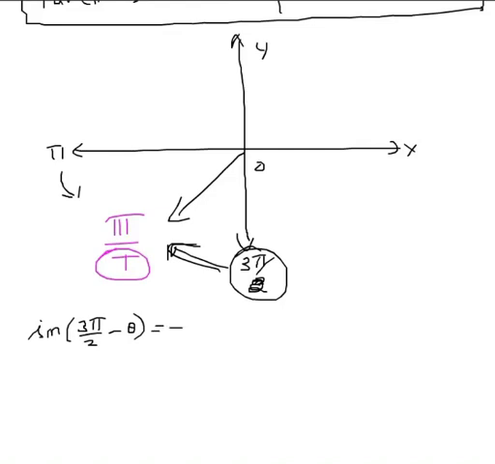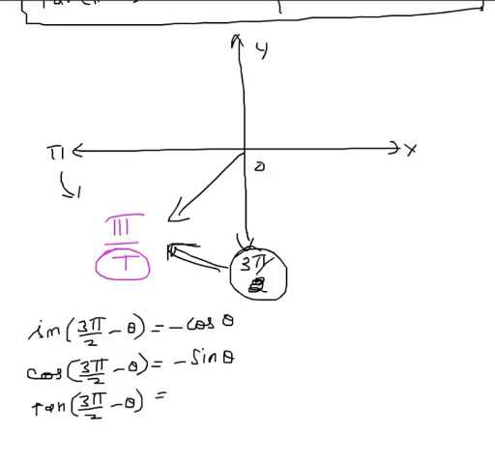So, sine of 3 pi by 2 minus theta is a third quadrant angle. Sine is negative. Because of 3 pi by 2, we change the ratio. It gives you minus cos theta. Cos in the third quadrant is negative. Change the ratio because of 3 pi by 2. Tan in the third quadrant is positive, and we have to change the ratio, so it will become cot theta.